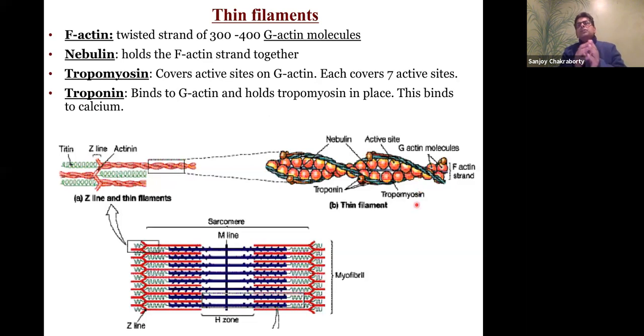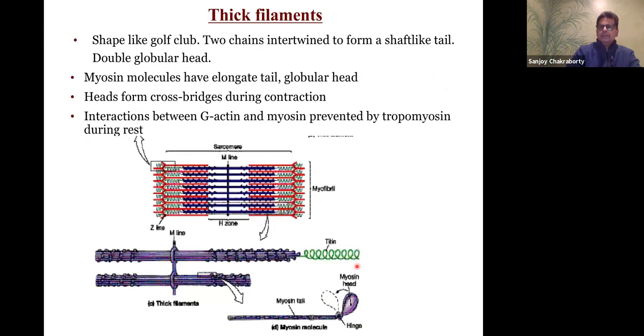Once tropomyosin moves, the active site of G-actin is exposed. Once it is exposed, the myosin head binds to it. Once they bind, which means the cross bridge is formed, power stroke, they pull, causing muscle contraction.